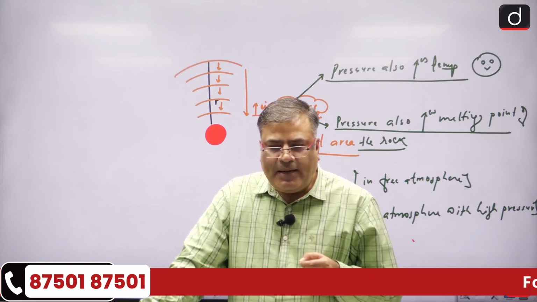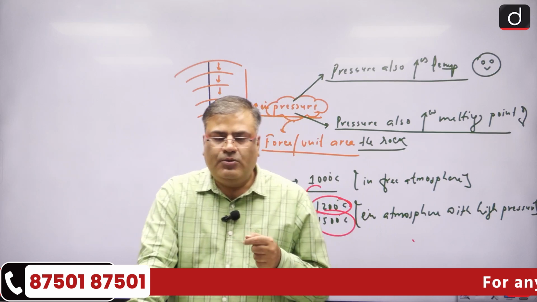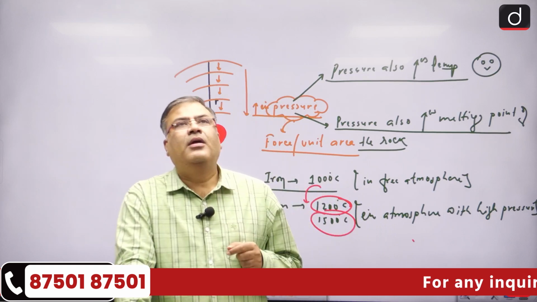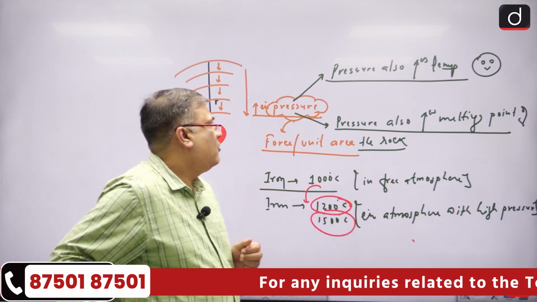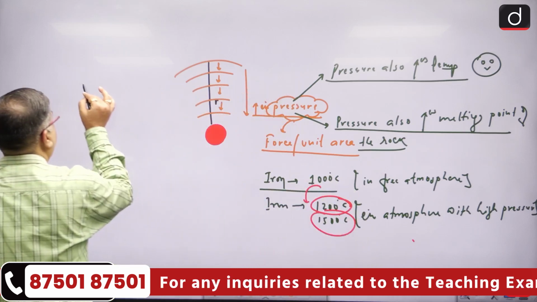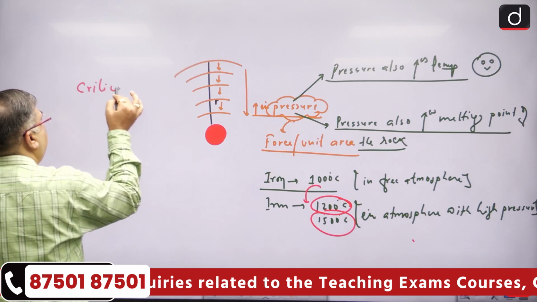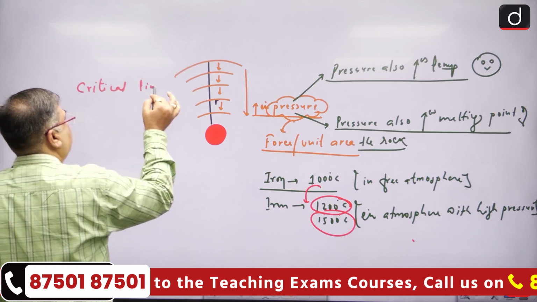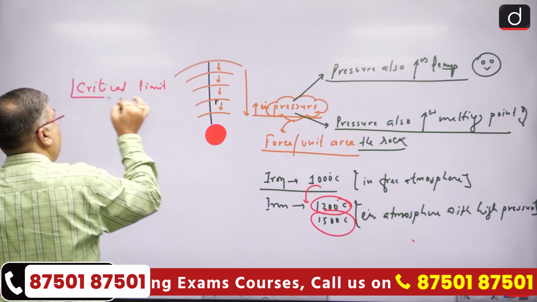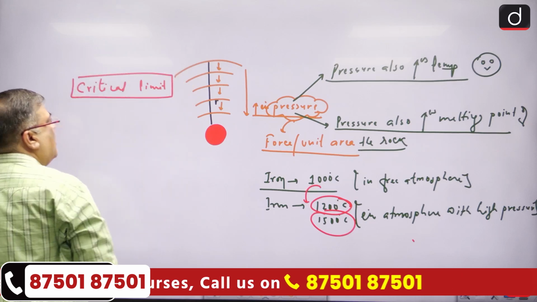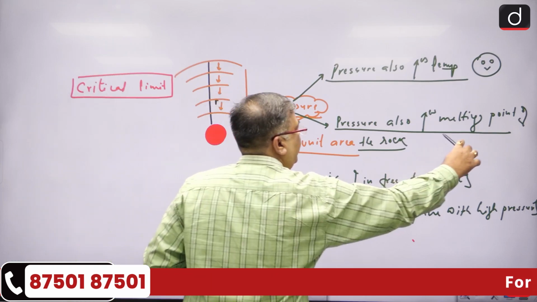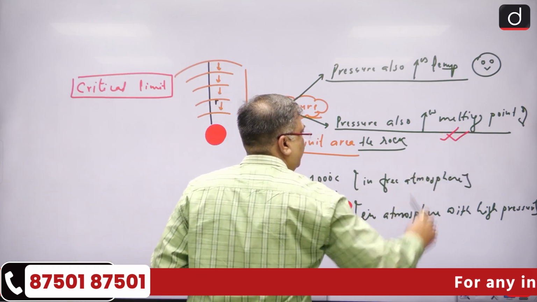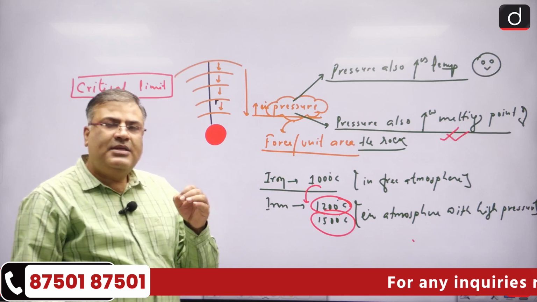But at the same time, there is a problem, and that we also need to understand, that there is a concept of critical limit. And that is applied on almost everything. The critical limit concept says that with the increase in pressure, melting point increases. Agreed. But there must be a certain limit.